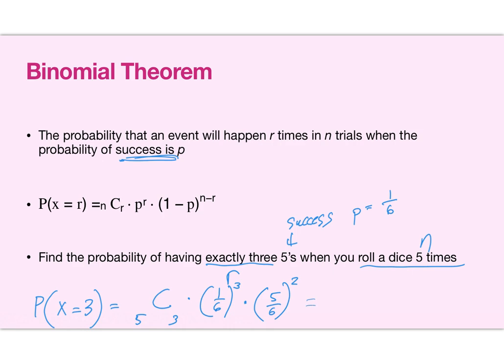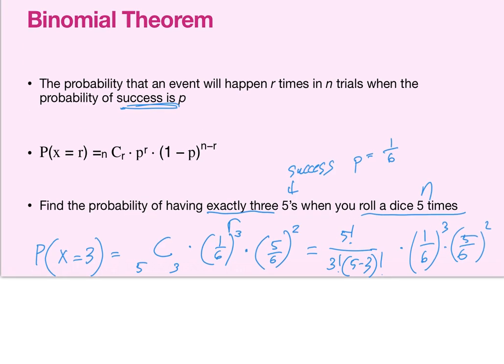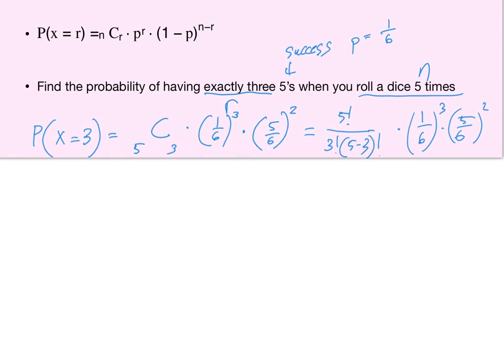So this is going to be n factorial, 5 factorial, over r factorial, which is 3 factorial, times 5 minus 3 factorial, times 1/6, we're just going to leave it to the third, times 5/6 squared. Five times 4 times 3 times 2 times 1.